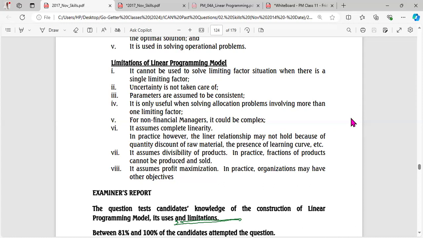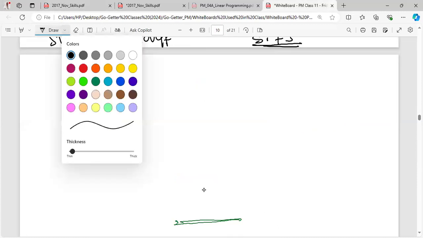Okay, so we have learned the techniques for limiting factor. So what have we learned here? Let's summarize our answers here. What we have learned so far from this question. What is the summary takeaway?